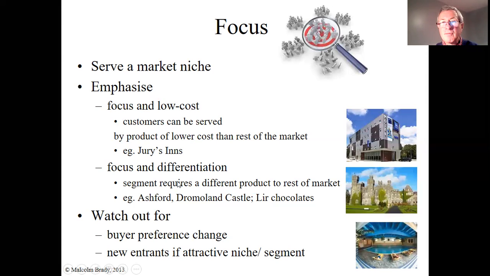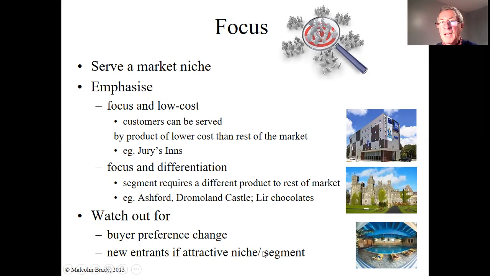Differentiation, on the other hand, then you're meeting the needs of a segment that requires something different to the standard market. So in the hotel sector, the castle hotels provide that extra status type or service type benefit to customers, and usually charge for it. Or the spa hotels provide spa facilities, and again will charge for that. Again, just watch out for new entrants if the segment becomes very attractive.